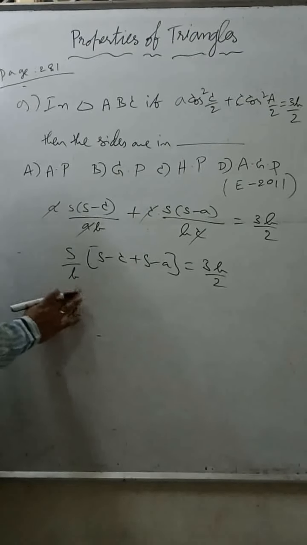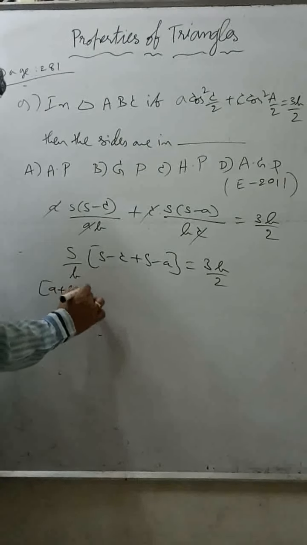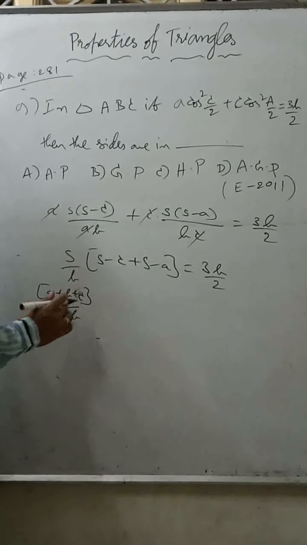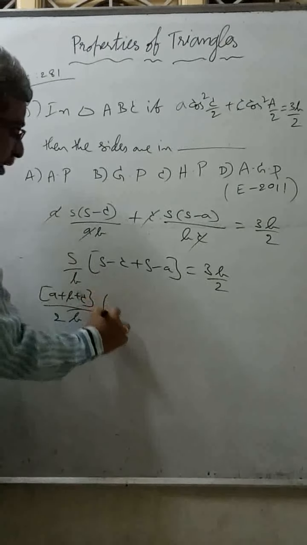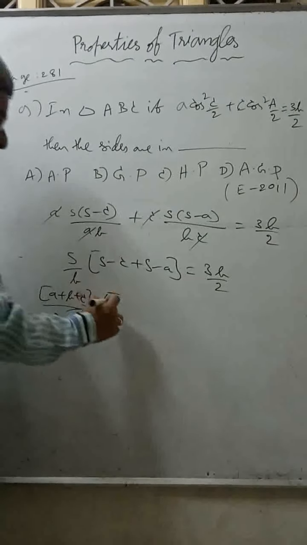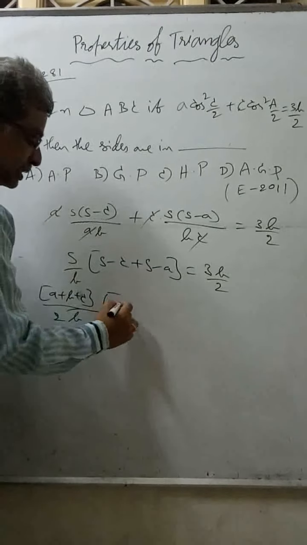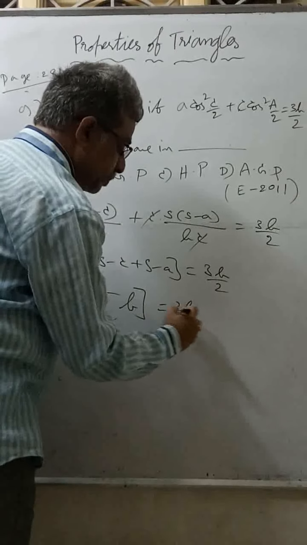Wherever s is there, I am going to substitute (a plus b plus c) by 2. Here s plus s is 2s, and 2s is a plus b plus c. Minus a minus c gets cancelled. Left out is b equal to 3b by 2.